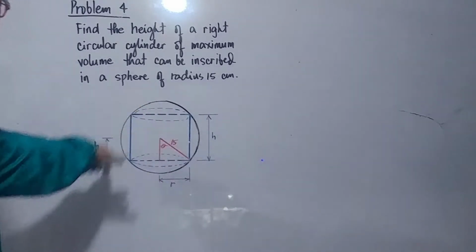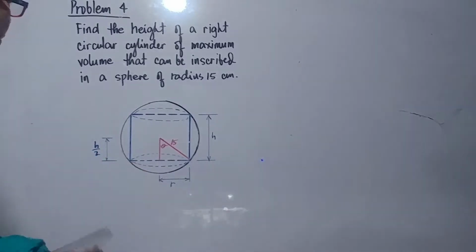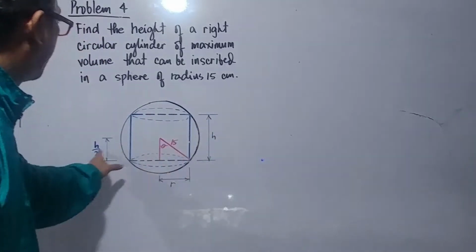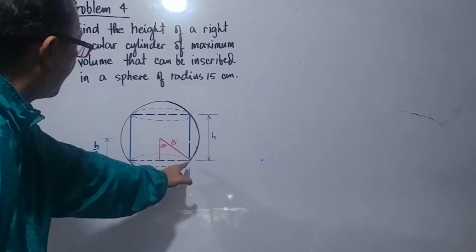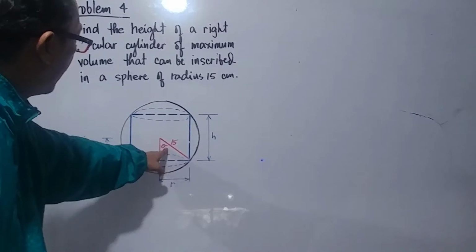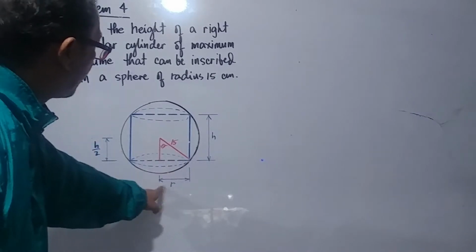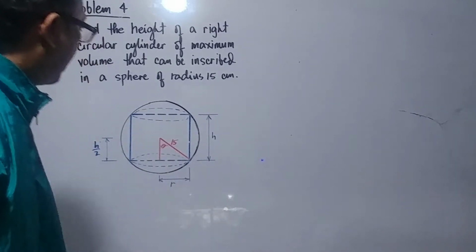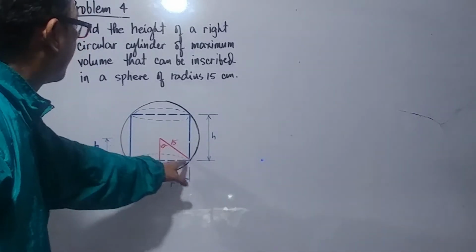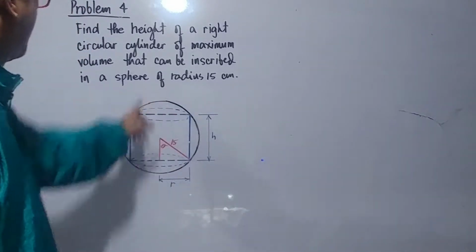So we have the sphere, and we can take this as our height, and half of this we can now formulate a right triangle using this inscribed angle theta. We consider this as our r, and this is the radius of our sphere.